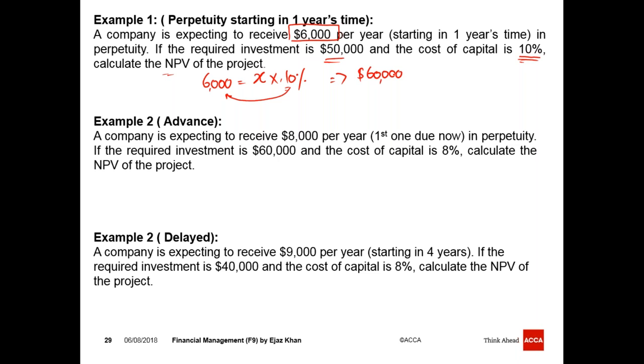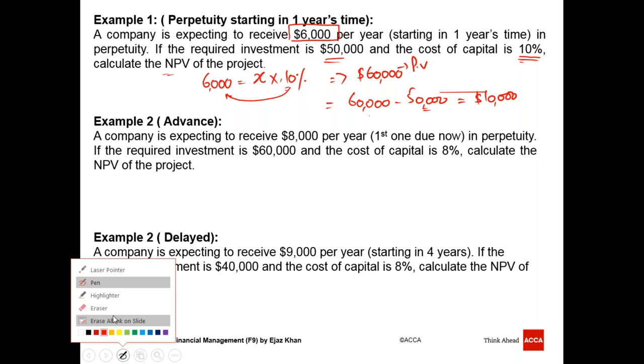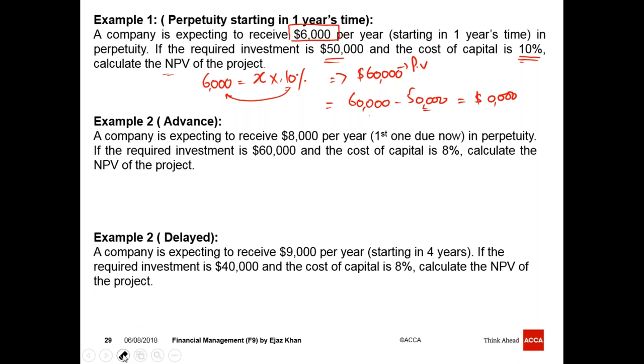So it will not invest any amount above $60,000 for this project. But fortunately, the required investment is less than 60,000. It's just $50,000 for the same 6,000. So this is the present value, 60,000, and this is the required investment, which is 10,000 lower than 60,000. Therefore, the company will have a positive NPV of $10,000.